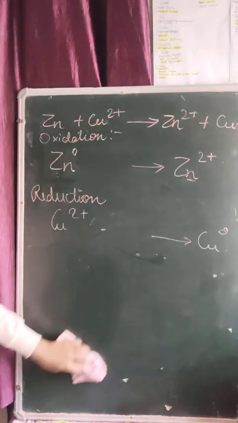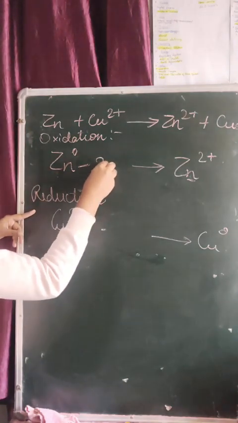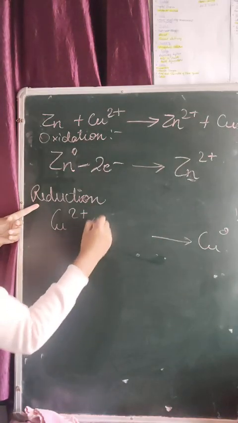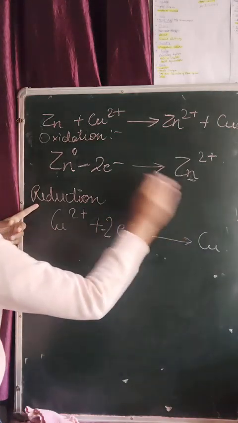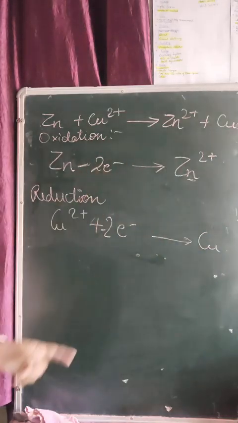Oxidation means removal of 2, and reduction means addition of 2. We do not write 0, but for our understanding purpose, we write 0.